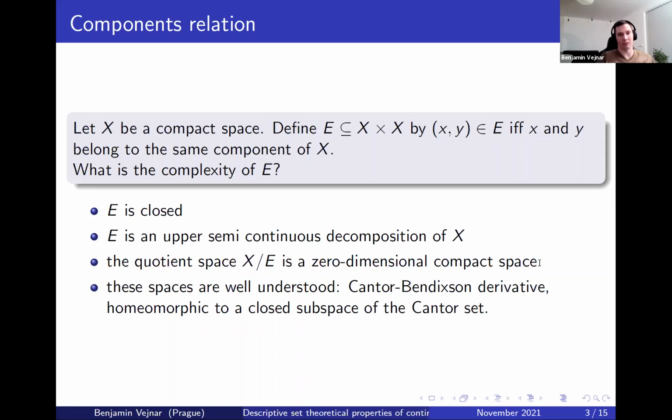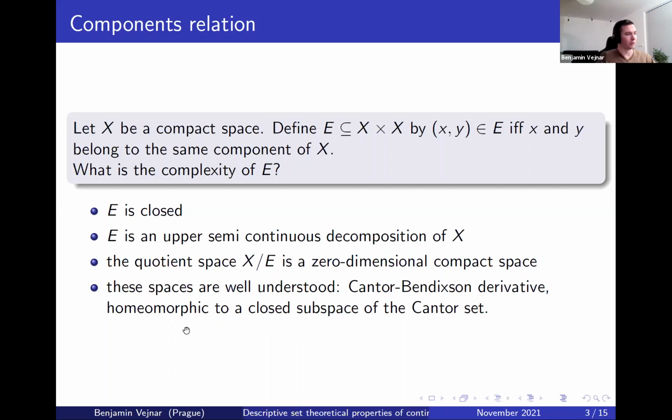Okay, so we start with a compact space, we consider its components, and we shrink all of them to points. What we get is a zero-dimensional compact space, and actually these spaces are well understood. We can apply, for example, the notion of Cantor-Bendixson derivative to understand their structure.